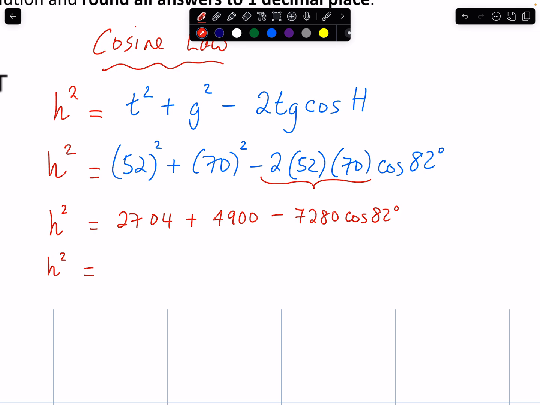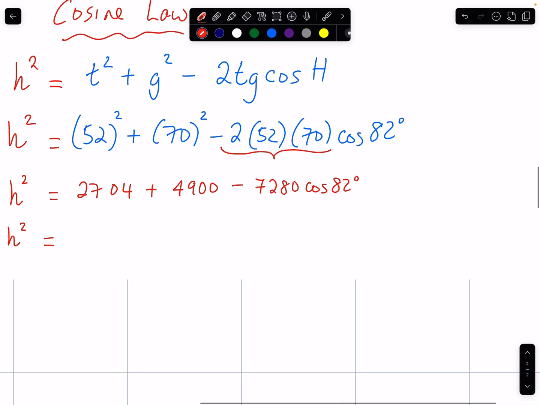So 2704 plus 4900 minus 7280 cos of 82, or minus 2 times 52 times 70 times cos of 82. Just be careful when you plug in your calculator.